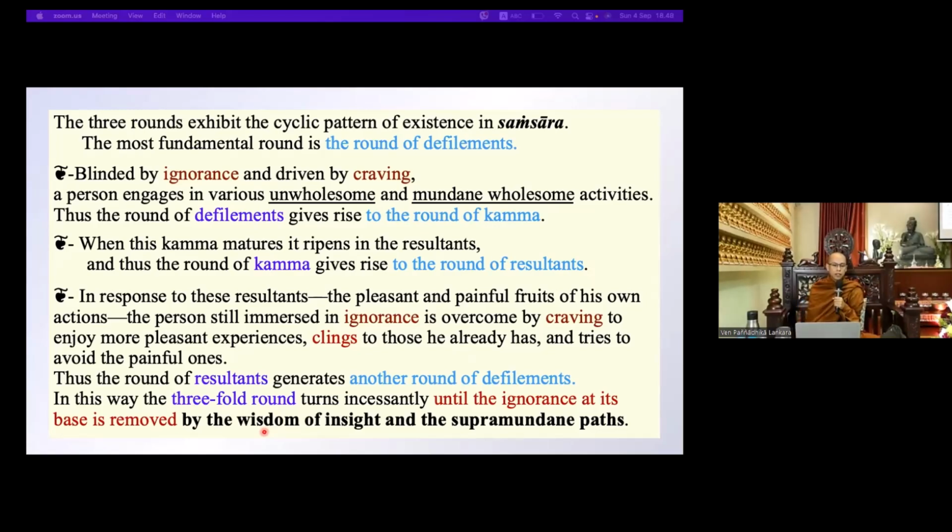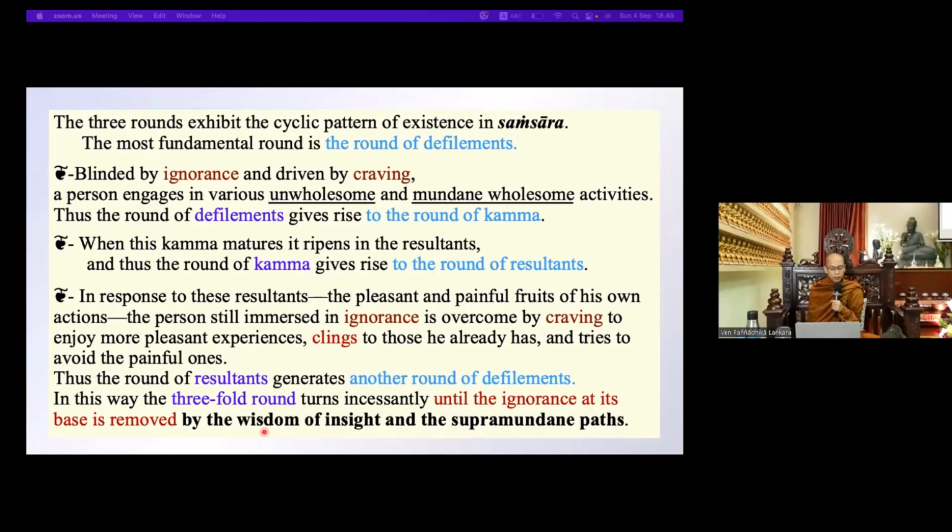So in this way, the three full rounds of kilesa vata, karma vata, and vipaka vata continue giving rise to another round, until the ignorance is removed by the supramundane path knowledge. Only when the ignorance is removed by the supramundane path does the round stop.